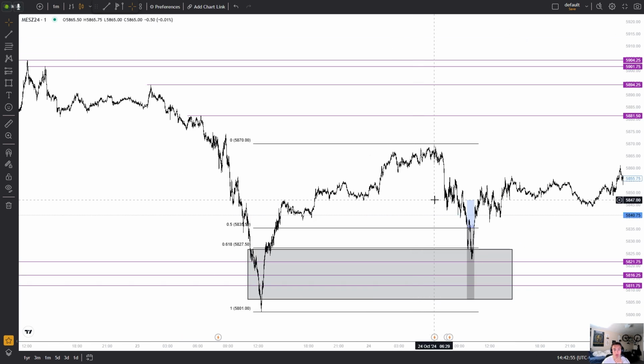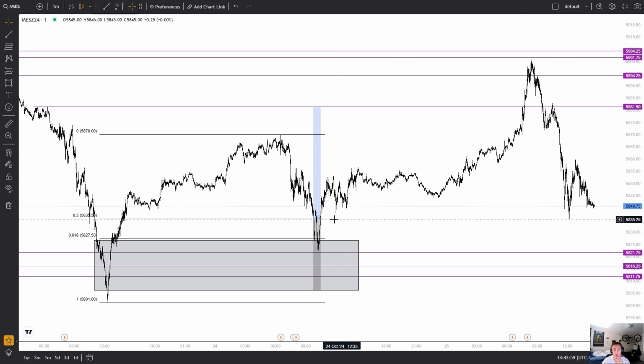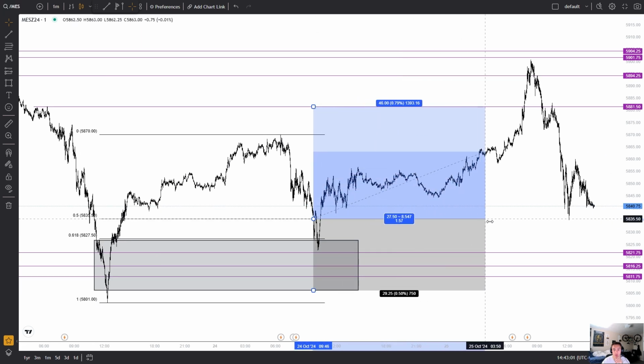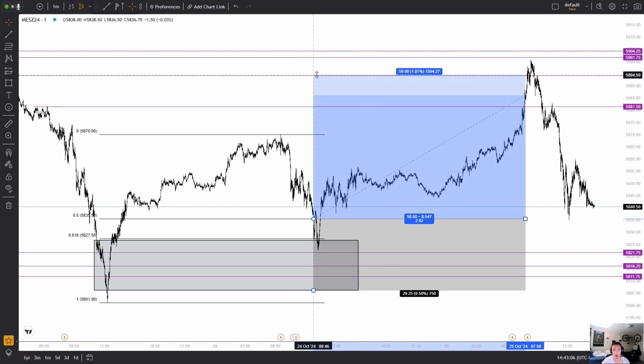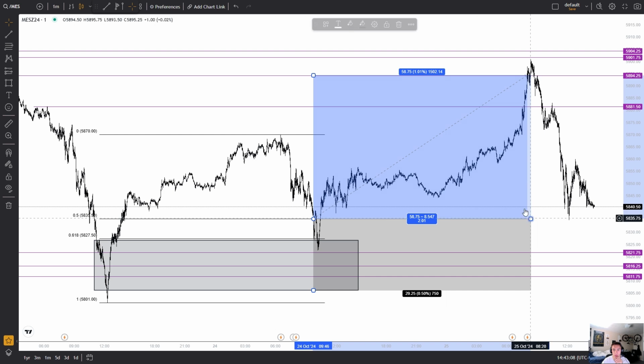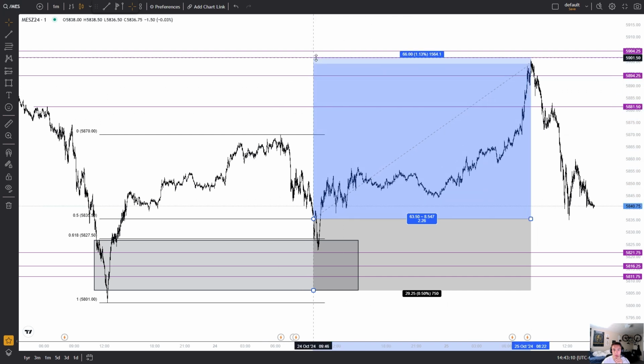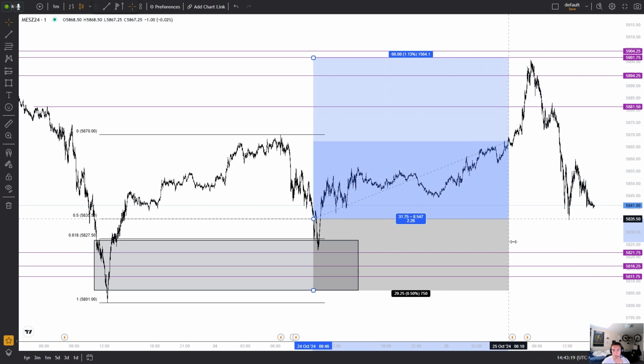But my first take profit would have been here, and this is definitely more of a swing trade. It offers a 1.5 risk to reward. That would have been hit, hourly drawn liquidity. The runner would not have been hit, but it's okay. That's why it's a runner, because then we'd be back down here.